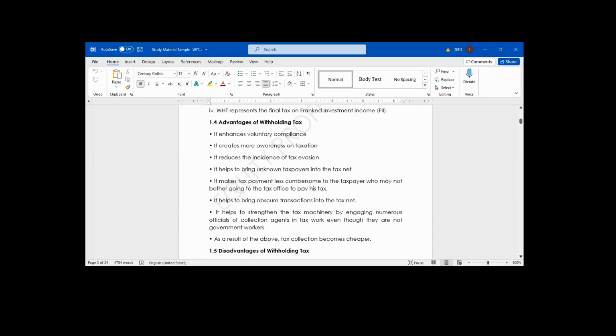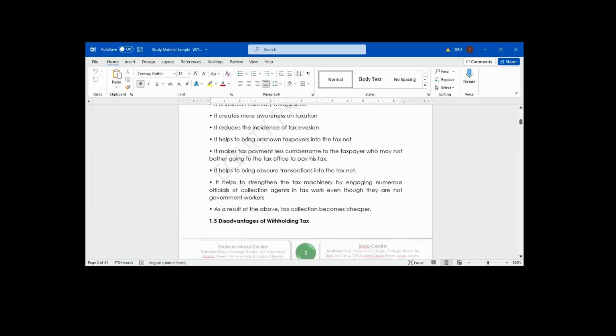Withholding tax creates more awareness on taxation. It reduces incidence of tax evasion, because if you don't deduct withholding tax on some of the income received by some people, those people will not report the income to government and they will not pay tax on the income.